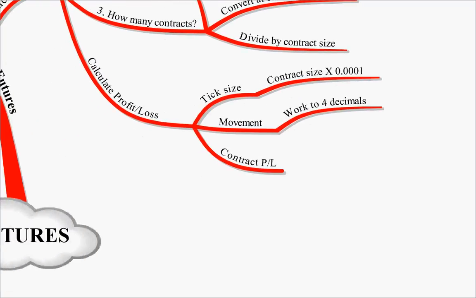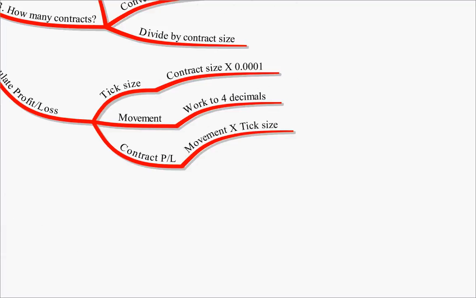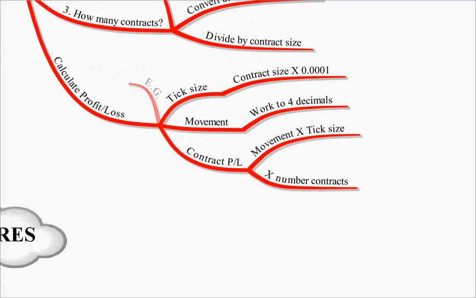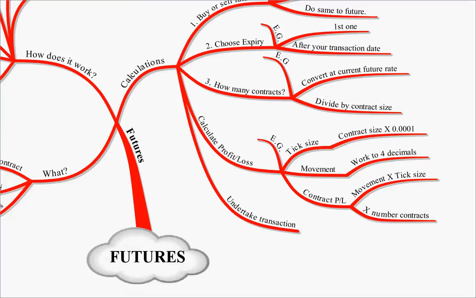So you work to 4 decimal places and see what the movement has been, and multiply your movement by your tick size, and multiply that by the number of contracts, because the profit and loss will be on your contract if you do your movement times your tick size, and you times that by your number of contracts. Then you undertake your transaction and calculate your total profit or loss.